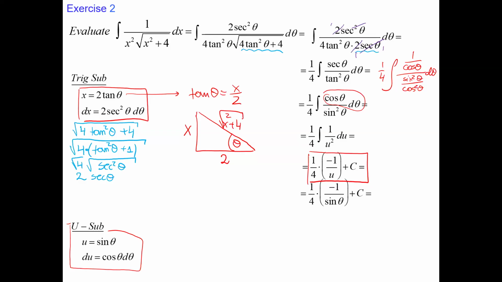And now we can read, actually 1 over sine is cosecant, but okay, let's read sine theta. Sine theta is opposite over hypotenuse. And 1 over sine theta, which is cosecant, we can just flip it. That means square root of x squared plus 4 over x.